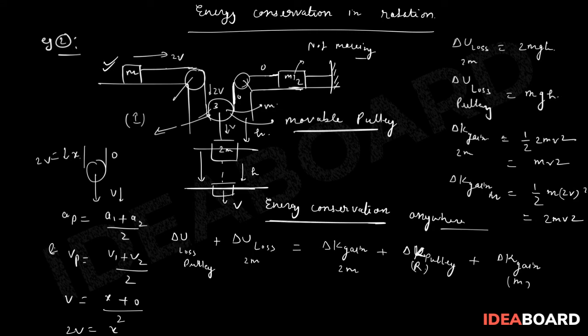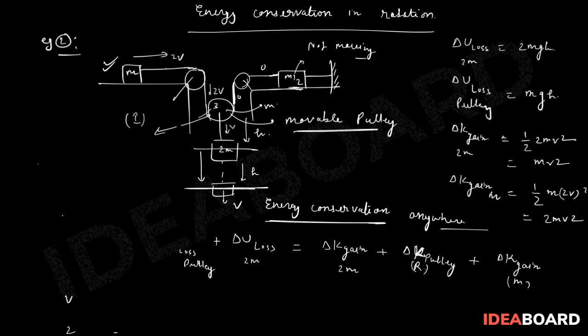And delta K gain for the pulley. For the pulley, if you talk about this point P, it is having 2v velocity downwards, and let's say this pulley is rotating with angular velocity omega.